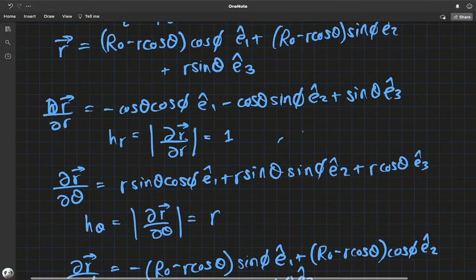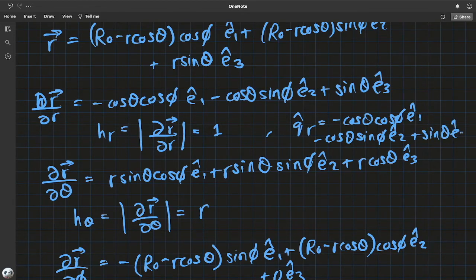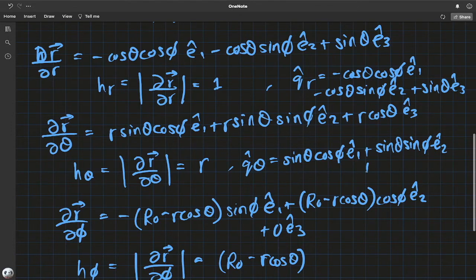I forgot to define q sub r, which will just be negative cosine theta cosine phi e1 hat negative cosine theta sine phi e2 hat plus sine theta e3 hat, and also q sub theta, just eliminate the r, sine theta cosine phi e1 hat sine theta sine phi e2 hat cosine theta e3 hat.